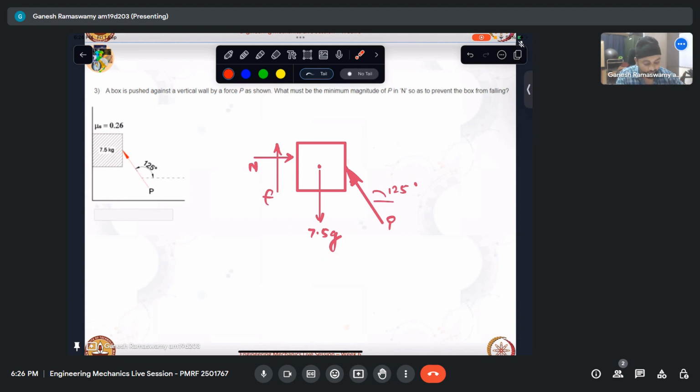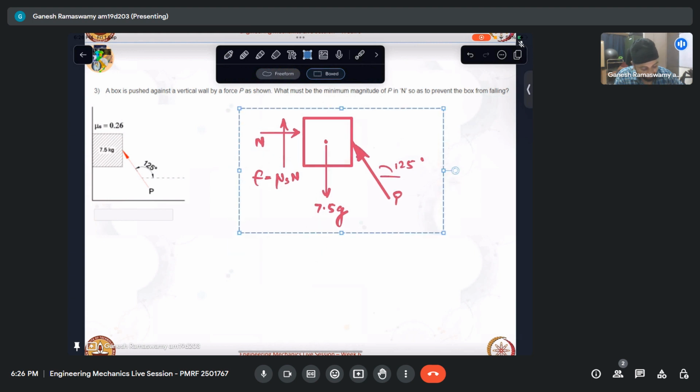So for this condition, the minimum force required to prevent it from falling, we will replace F with mu s n, as opposed to the previous problems that we have seen. So this is definitely mu s n, where mu s is given to be 0.26 in the question itself. Okay, so let us go about doing that.